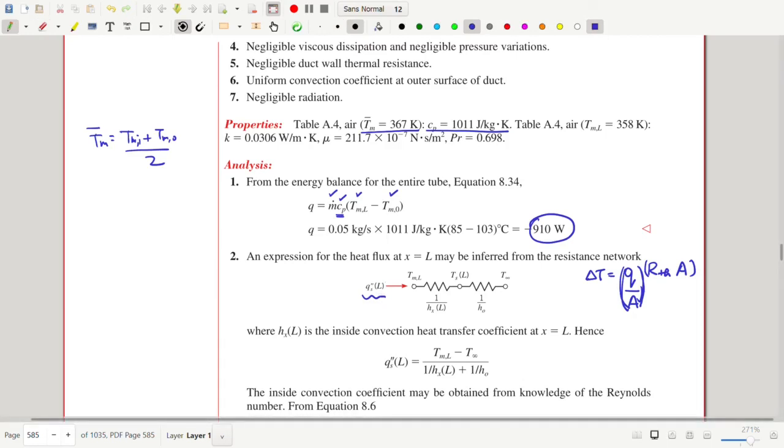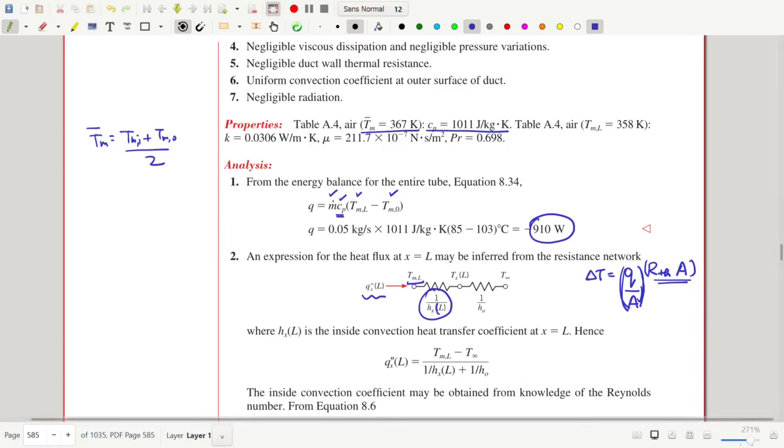The inside temperature is Tm comma L, and then you have the resistance because of convection from the inside fluid, which is 1 upon hA, but since you are now writing the resistance times the area, this simply becomes 1 upon h.